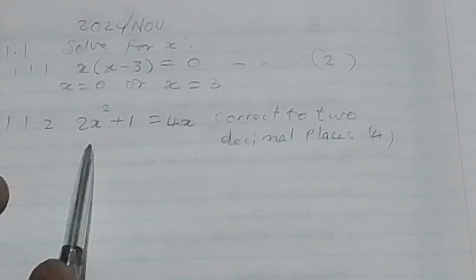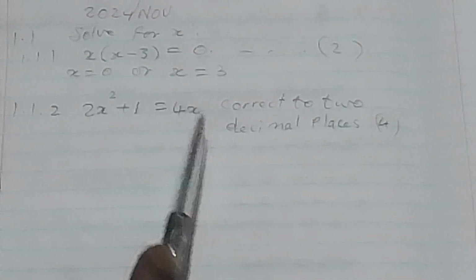So once they give you this instruction, that means this equation they have given you is irreducible. Irreducible means there are no factors that you can find for this type of question. So you resort to the quadratic formula. Let's rearrange it. It's 2x squared minus 4x plus 1 is equals to 0.